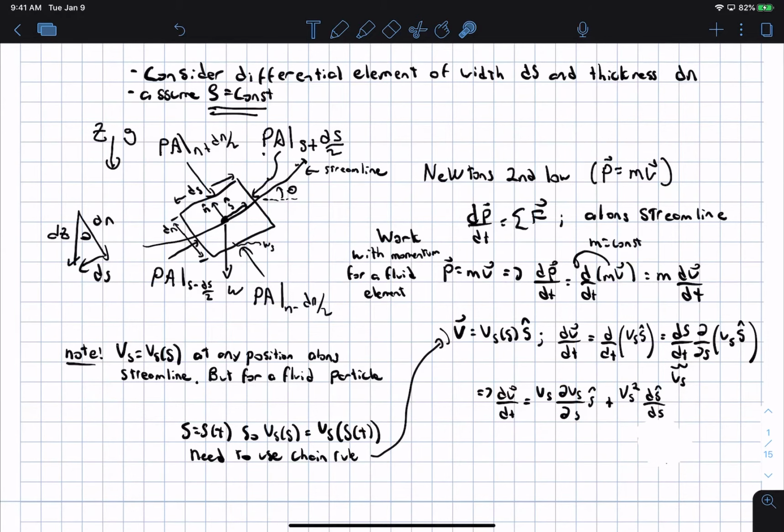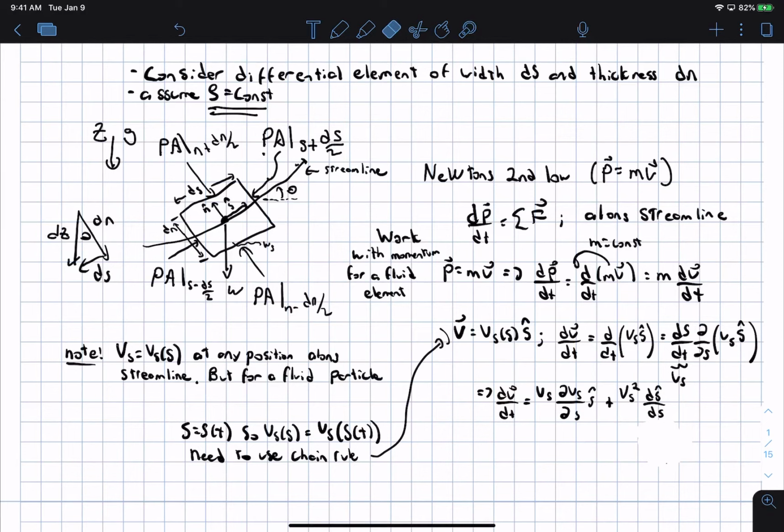Because for this term here, we took the derivative of V_s and assumed that s hat was constant. Then there's a second term that we need to add, and that is V_s, which we're assuming is constant, times partial s hat over partial s.